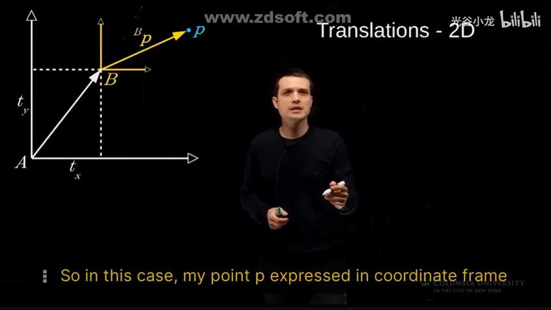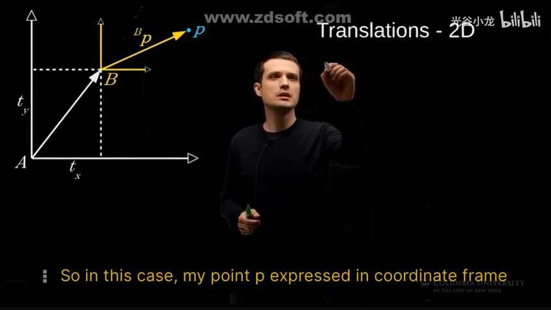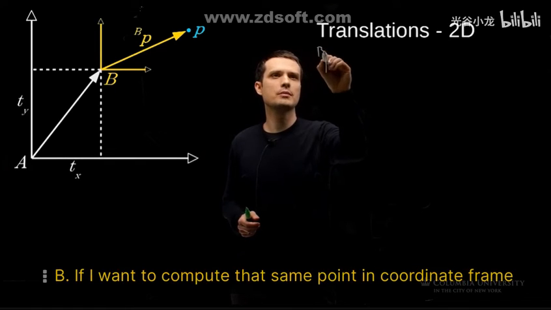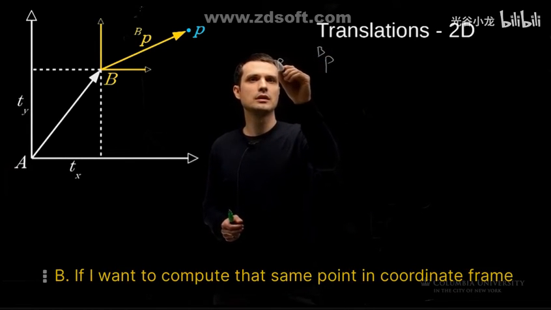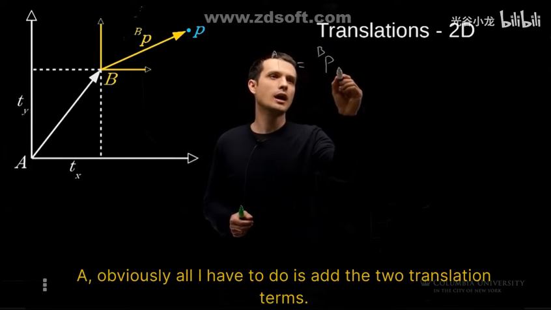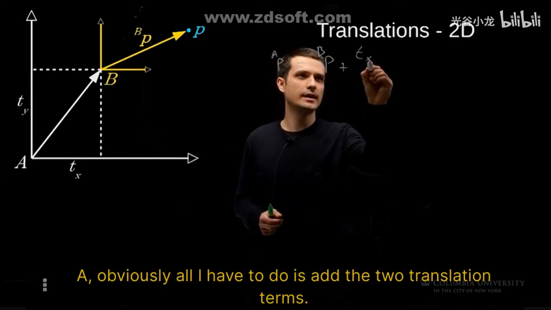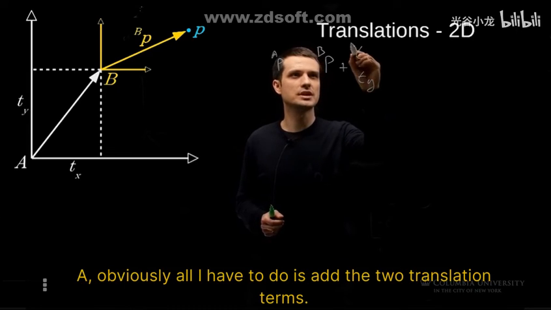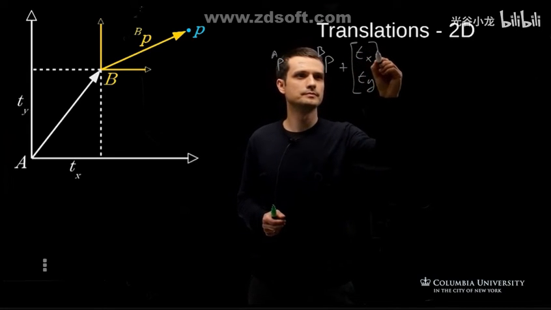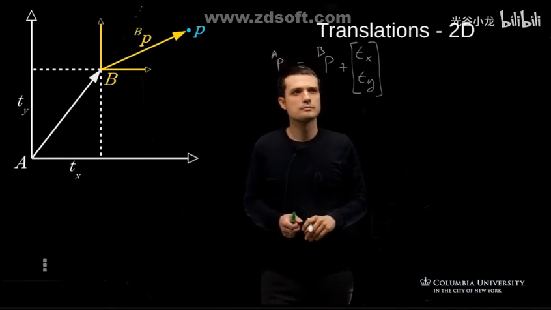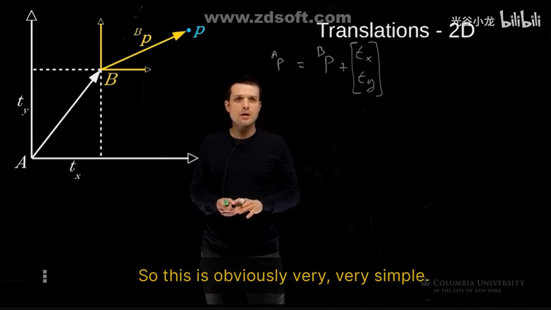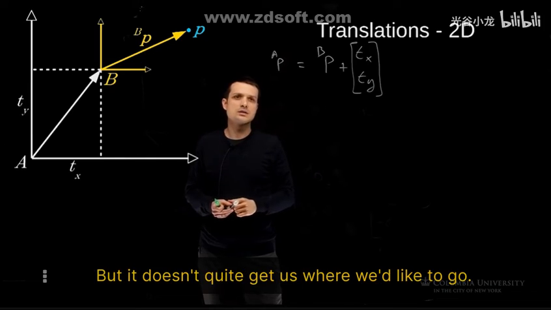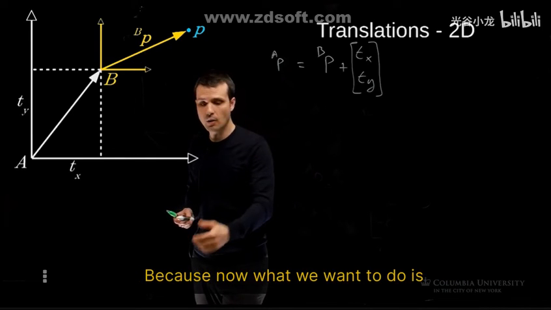So in this case, my point P, expressed in coordinate frame B, if I want to compute that same point in coordinate frame A, obviously all I have to do is add the two translation terms. So this is obviously very, very simple, but it doesn't quite get us where we'd like to go.